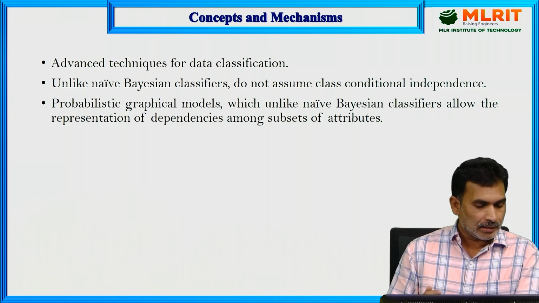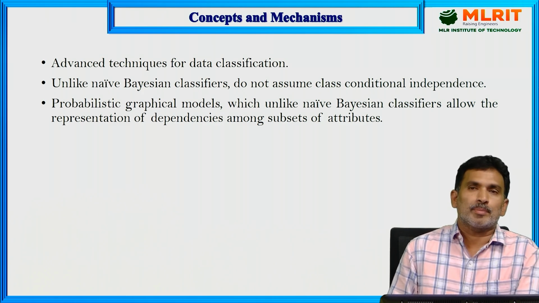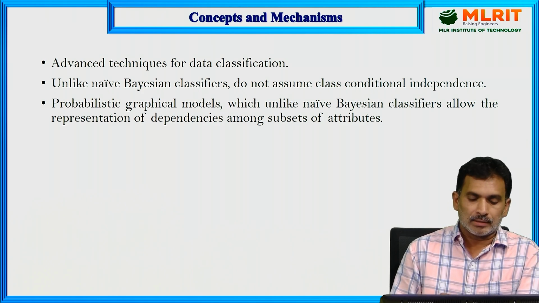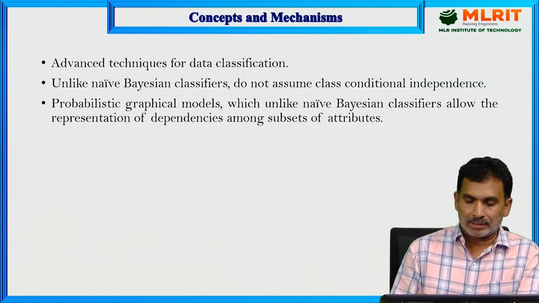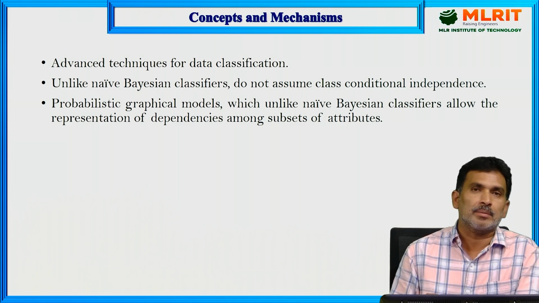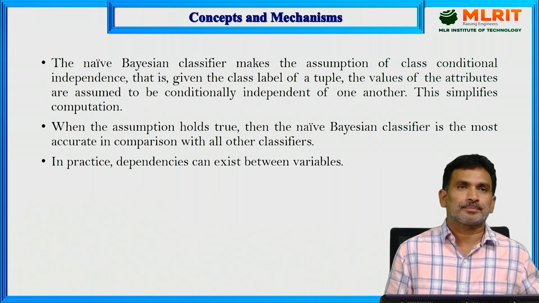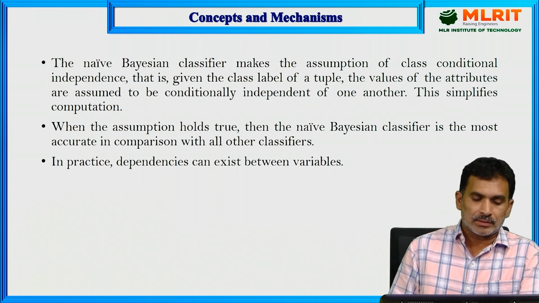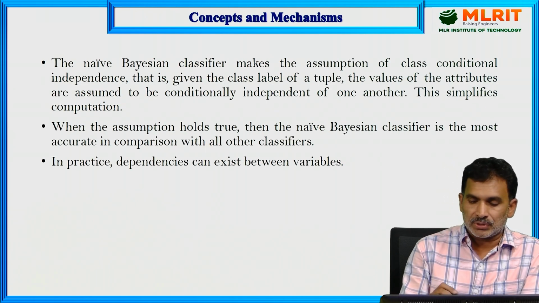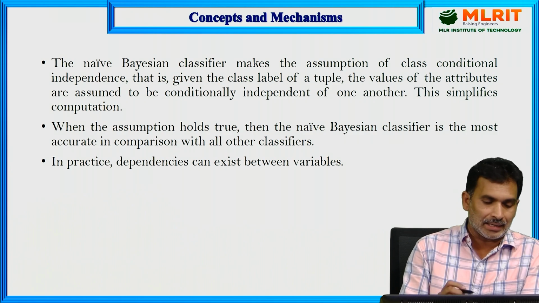We'll see this property in detail later. It is a probabilistic graphical model which allows the representation of dependencies among subsets of attributes. The naive Bayes classifier makes the assumption of class conditional independence.